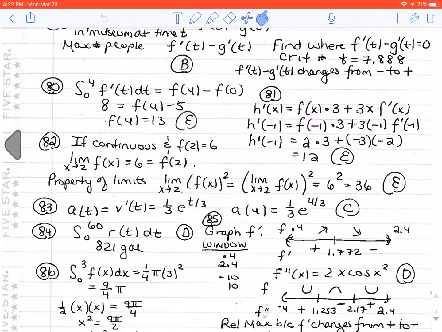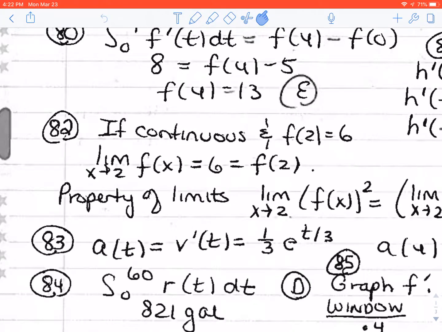We know it's continuous. So I know that if a function's continuous and f of 2 is 6, this statement, based on the definition of continuity, is true: the limit as x approaches 2 of f of x equals 6, which equals f of 2. So looking at the answer choices, I'm looking at the one, it's E, where I'm looking to see the limit as x approaches 2 of f of x squared.